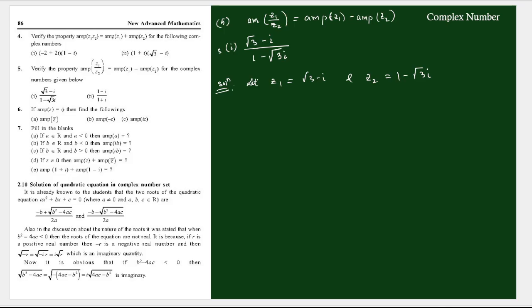ठीक है. देन नाउ अभी क्या करना है, Z1 by Z2 निकालना है. देन व्हाट वी हैव टू डू, डिवाइड है ना.